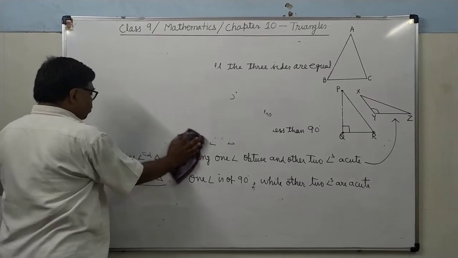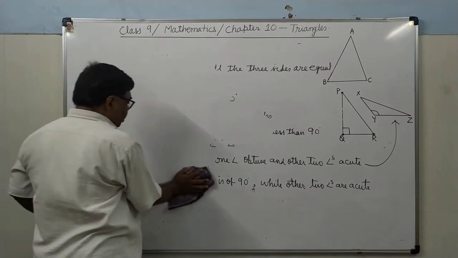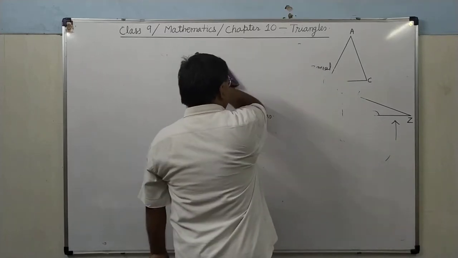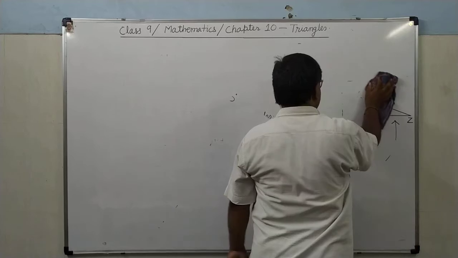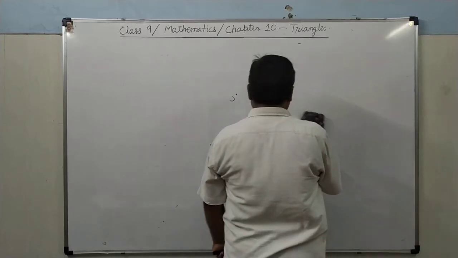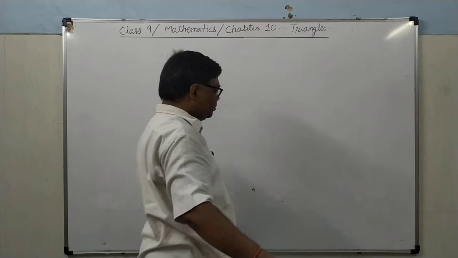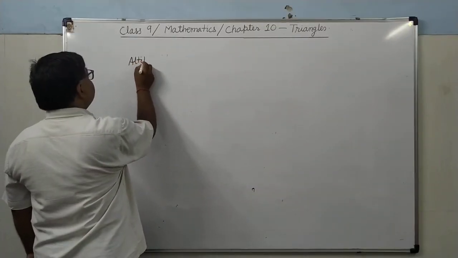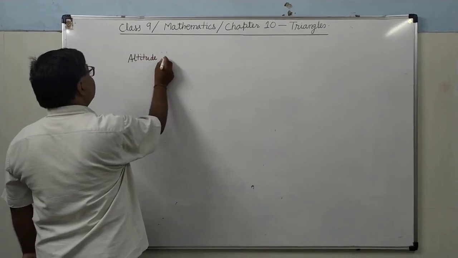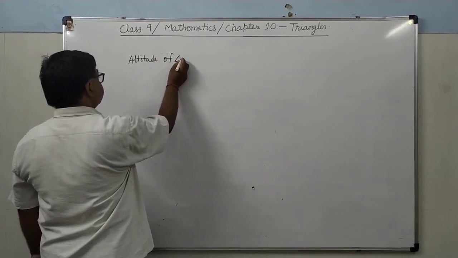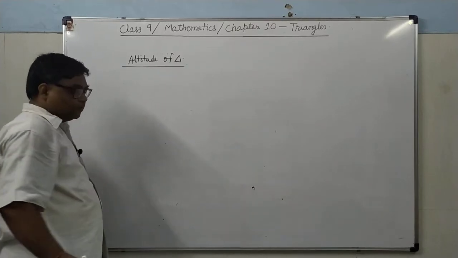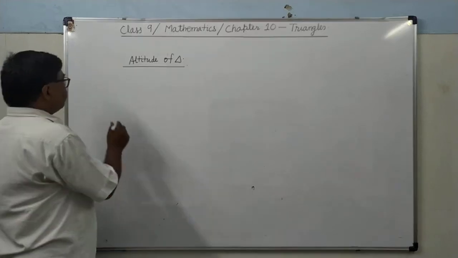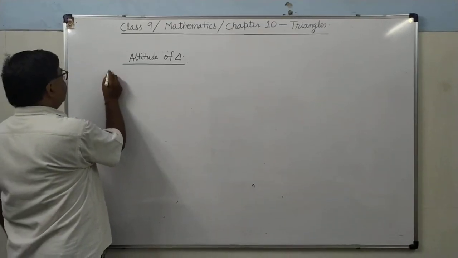Now I am going to tell you some more terms about the triangle. One term is the altitude of the triangle. What is the altitude of the triangle? Altitude is the perpendicular drawn from a vertex on the opposite side.